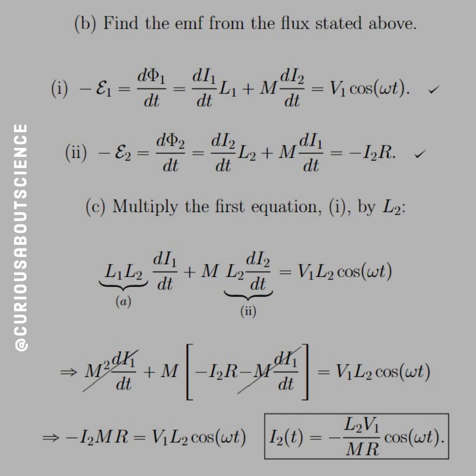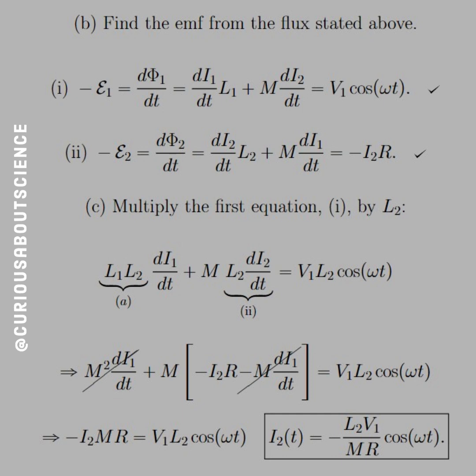What this tells us here is actually kind of cool. If we substitute in everything accordingly, with L1 L2 going to M squared, and then we have the underbrace there, L2 di2, which is equal to minus I2 R minus M di1 over dt.